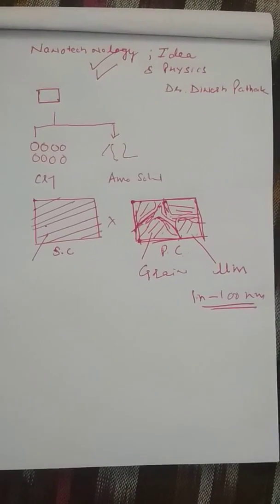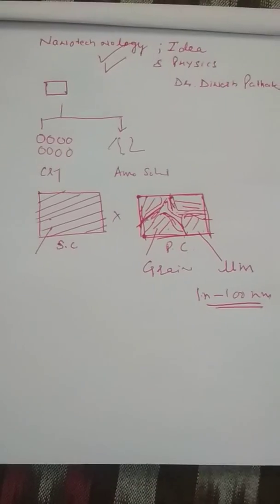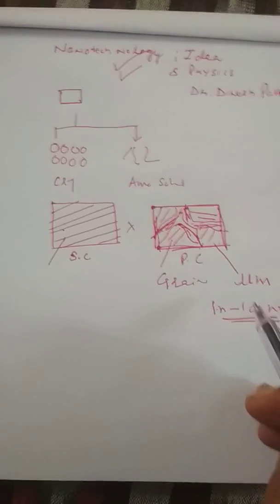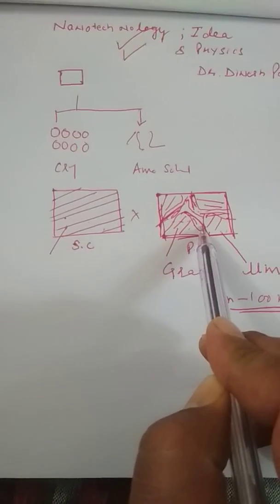Now why are these materials of much importance and why have people paid attention to them? Because the surface to volume ratio is quite high. Suppose both have the same volume, but in this case surface area is more.